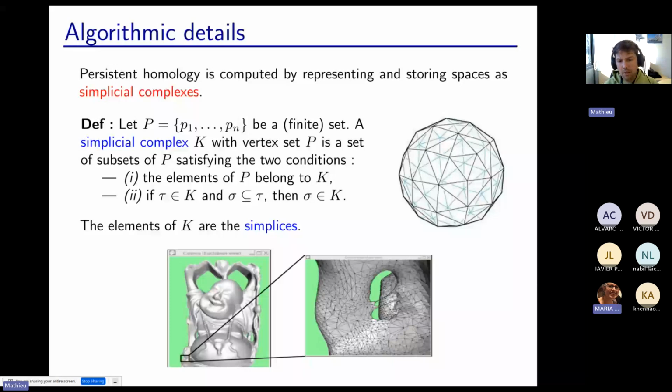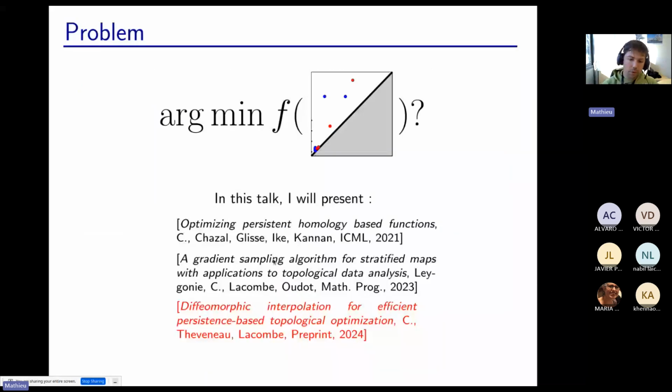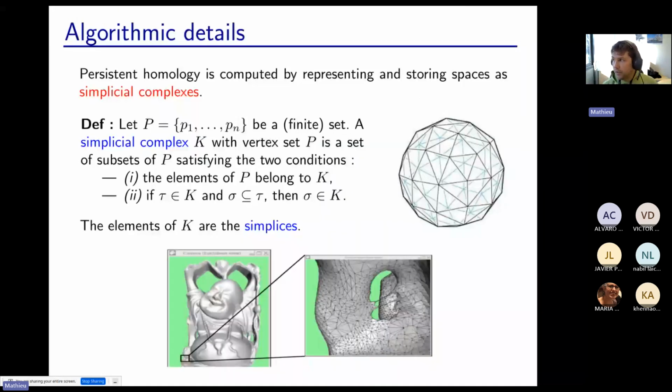But first, maybe I'll briefly recall what we obtained from those two previous works on optimizing persistence. The simplest way you could think of defining a gradient for persistent homology comes quite naturally as soon as you get a bit more into the details of how persistence is computed.